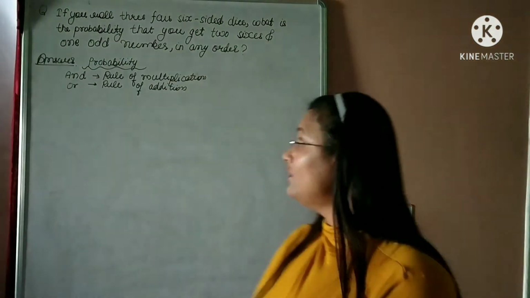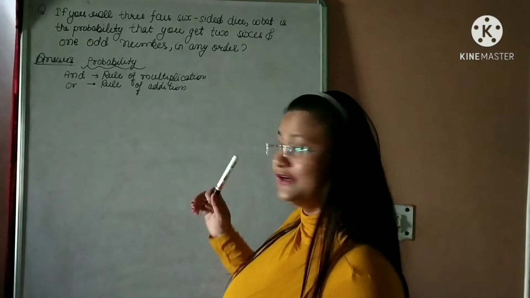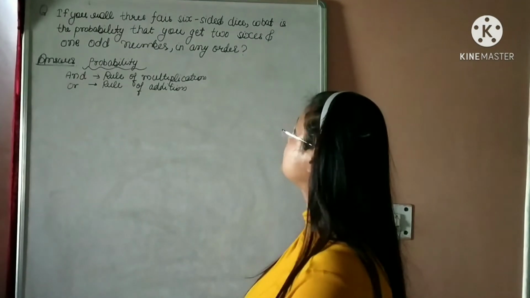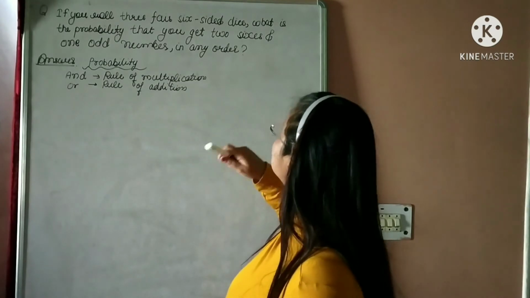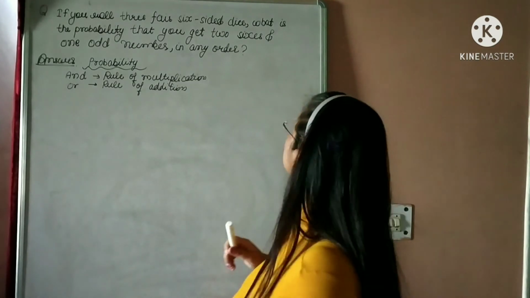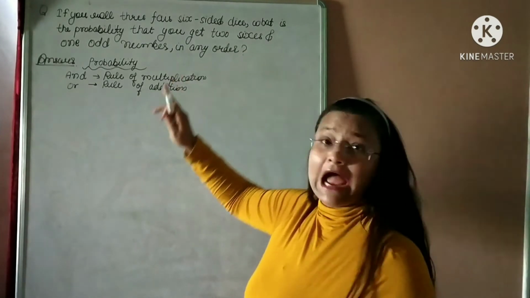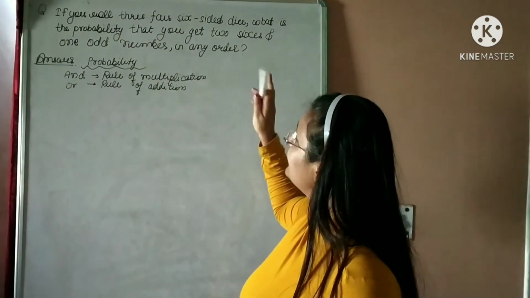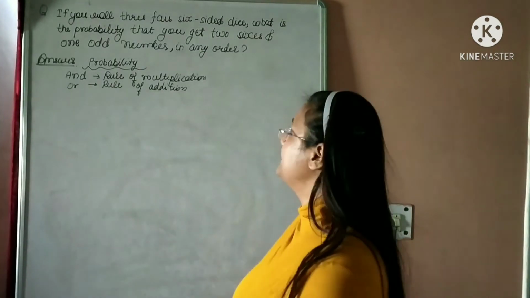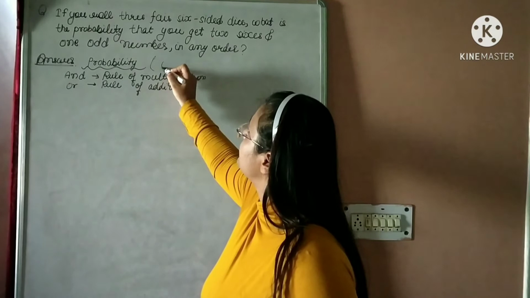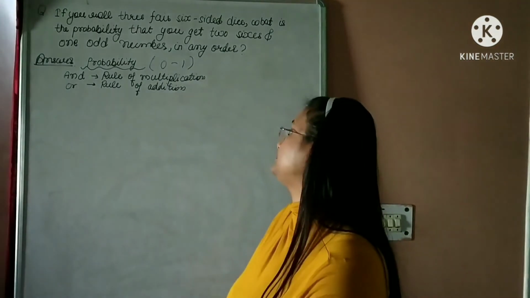Now let us solve one question from the same question paper related to probability. The question was, if you roll 3 fair 6-sided dice, what is the probability that you get 2 sixes and 1 odd number in any order? There are 2 rules for probability. Probability ranges from 0 to 1; the value can't exceed 1.